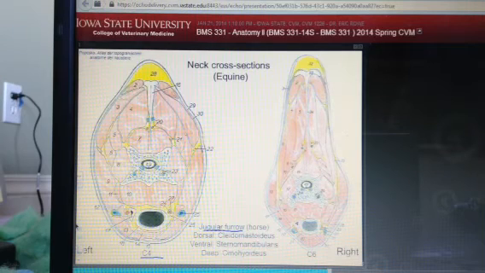And dorsally, the muscle that forms the dorsal boundary of our jugular furrow is your cleidomastoideus. The ventral boundary is going to be your sternomandibularis. And your deep boundary is the omohyoideus muscle.